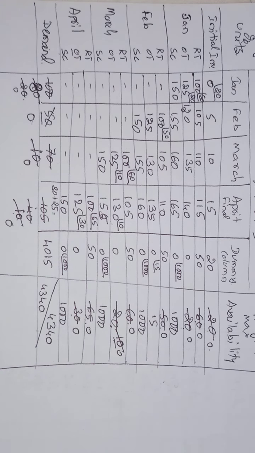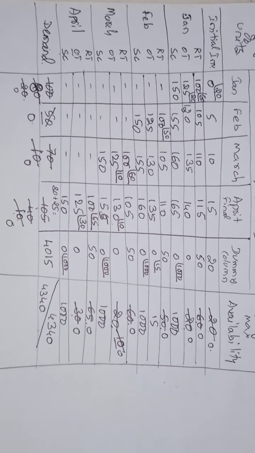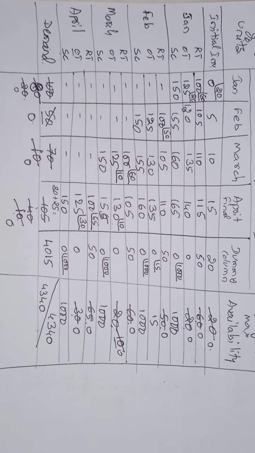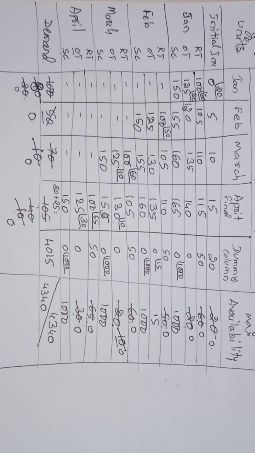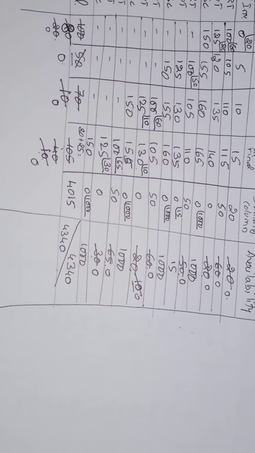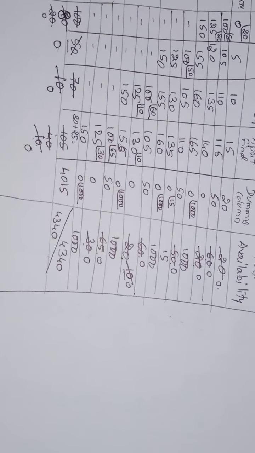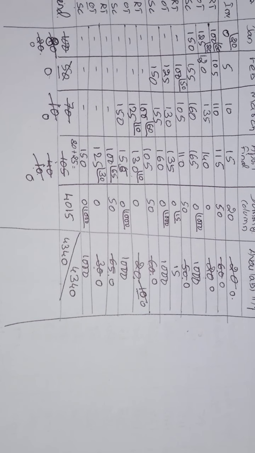The question he has asked is that you should find out the minimum total cost to satisfy demand. So how to find out that minimum total cost, right? Wherever you have done the allocation, you should see.